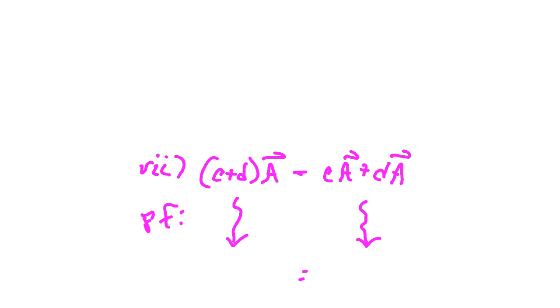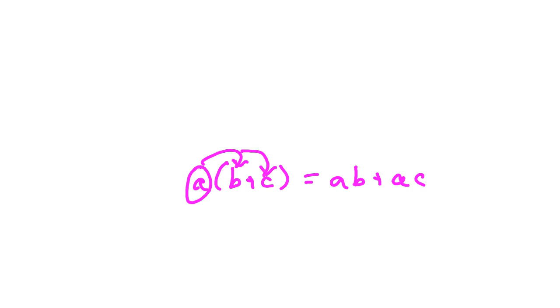So in this case, what did we have in real numbers? We had A times the quantity B plus C equals AB plus AC, right? That was the distributive law of multiplication over addition. We would just call it the distributive law, but this is real number multiplication over real number addition.